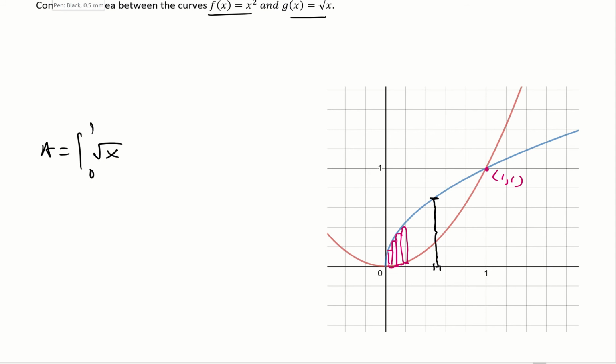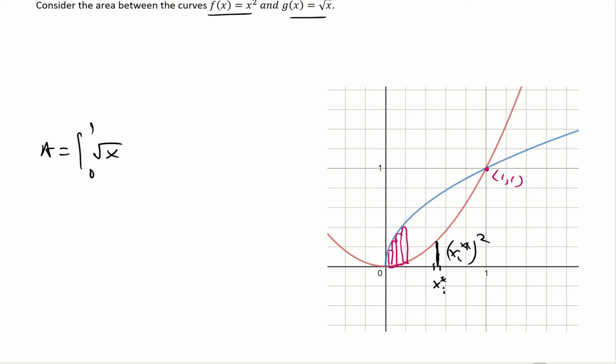So how do you do that, I wonder? Well, if this is x sub i star, then the lower red curve is the squaring curve, so this height here is x sub i star squared.